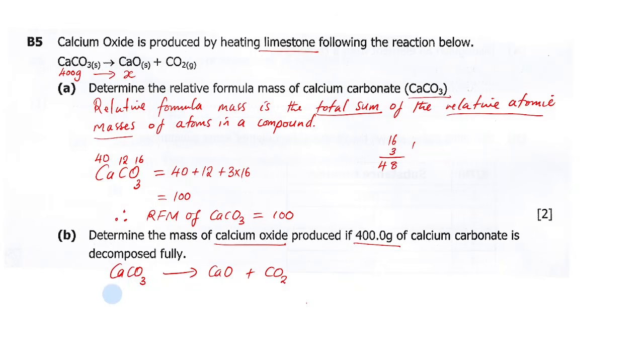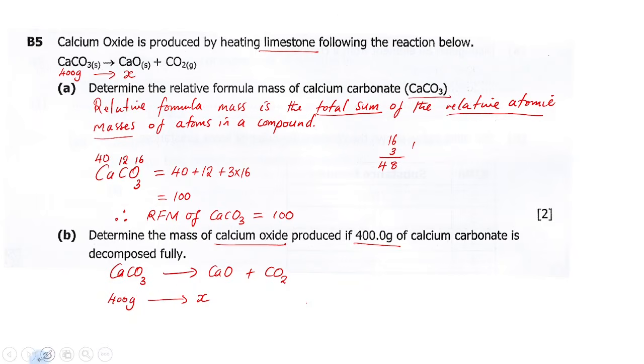So you have 400 grams being decomposed, and they want the calcium oxide. How much will be produced? You don't know, so you say X. Now this is very simple. At the equation level, the stoichiometric level.